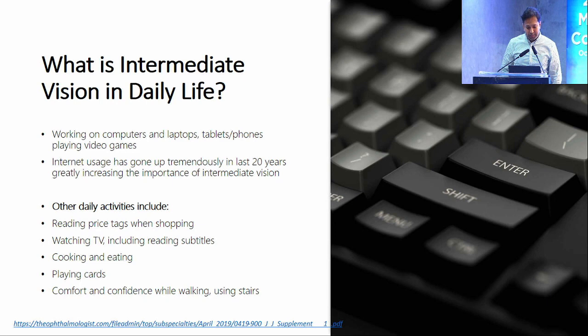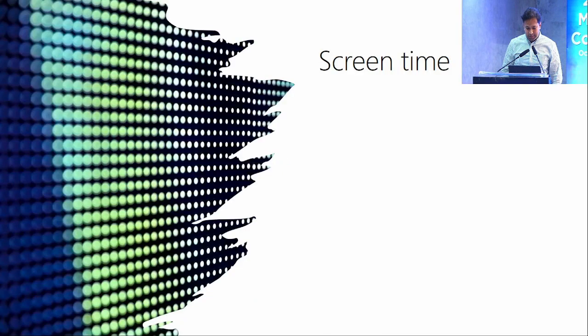So how is intermediate vision important in our daily lives? There are an increasing number of people who are working on laptops, tablets, phones, playing video games, watching TVs, reading subtitles. All these are where intermediate vision is useful for us. The global average screen time is 6 hours and 58 minutes per day, which is mind-boggling.